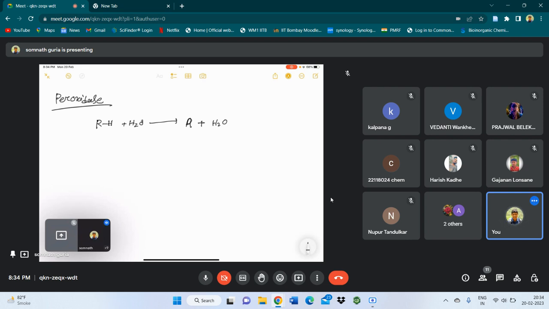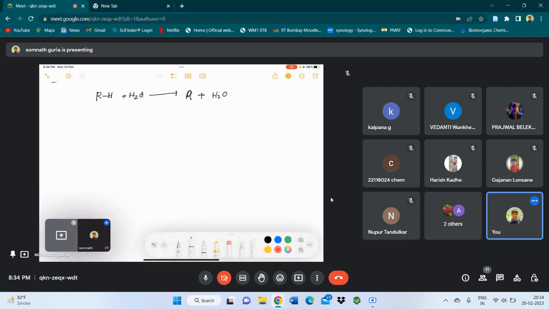And how the active center looks like. Here also this is a heme unit, axially ligated with a histidine molecule. So this is also a heme unit, Fe, nitrogen, nitrogen, nitrogen, nitrogen.